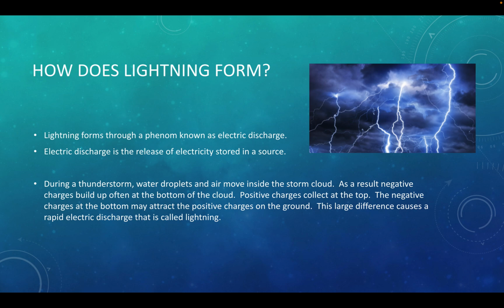This is a phenomenon where the release of electricity comes from somewhere it's stored in a source. Go ahead and peruse that third bullet point before we watch a video on how exactly it is that lightning forms.